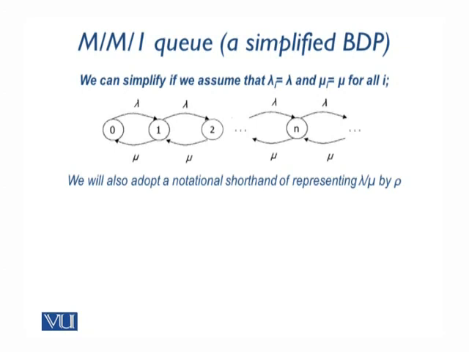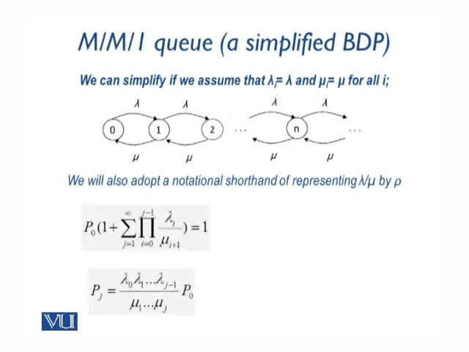Now we can transform the equations that we had for a general birth-death process and use these simplifications of having constant arrival rates, constant service rates, and expressing lambda over mu as rho. We get the equations as shown on the screen now.